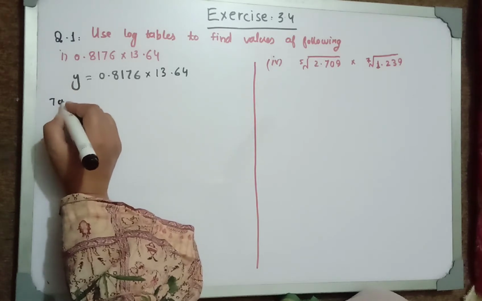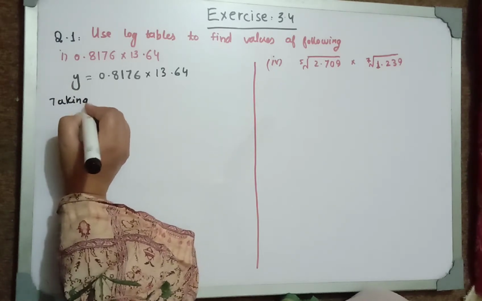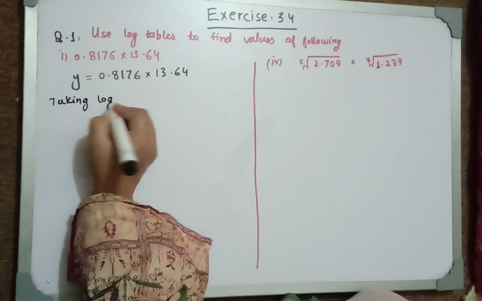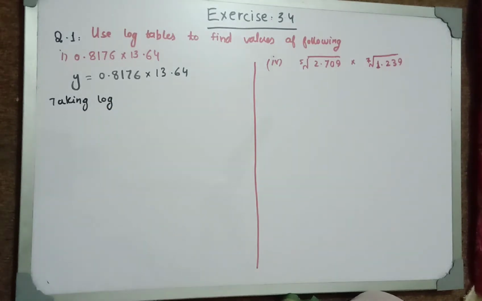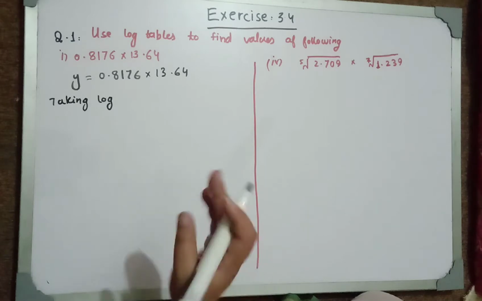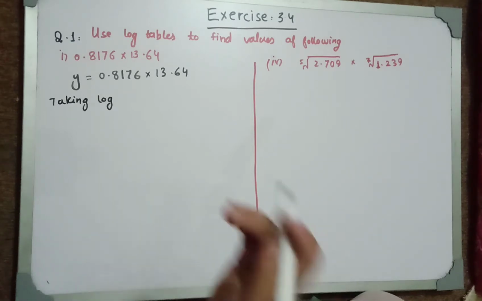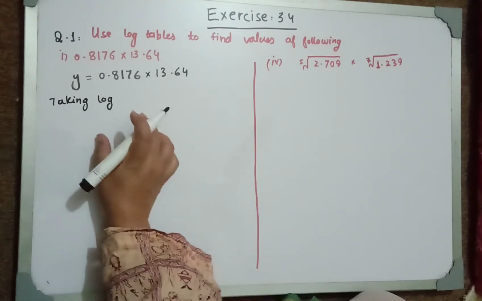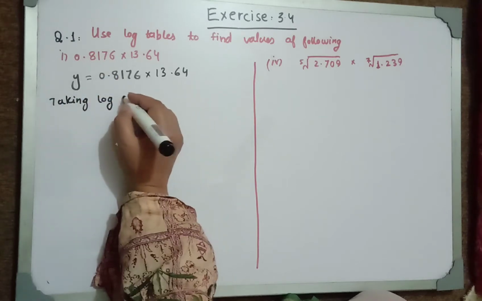So taking log, as you know, according to the mathematics rule, if we are applying any operation, like multiplying or dividing, then we do that on both sides of the equation. So likewise I will take log on both sides.